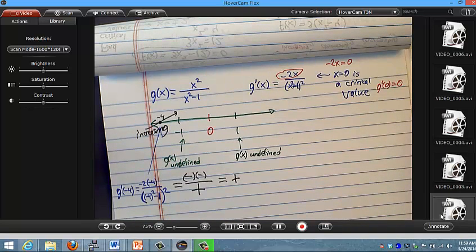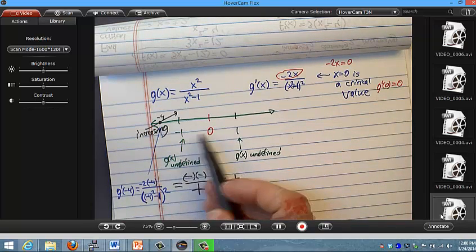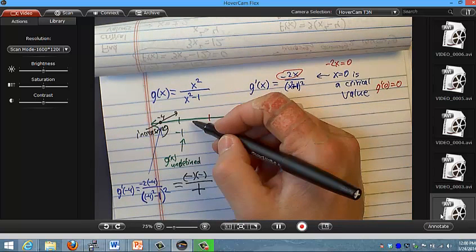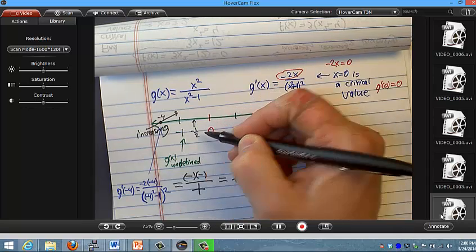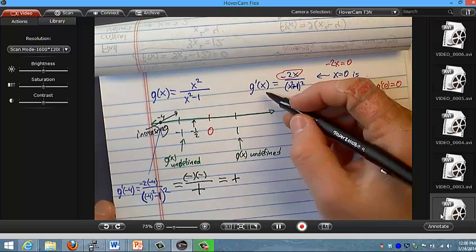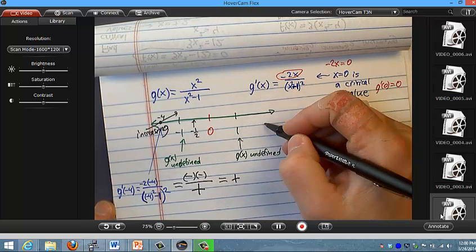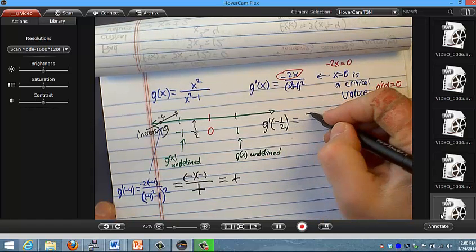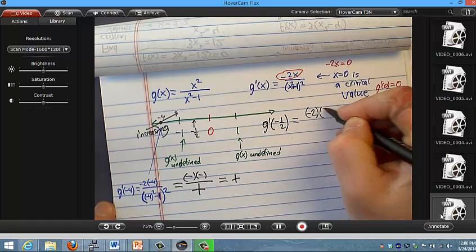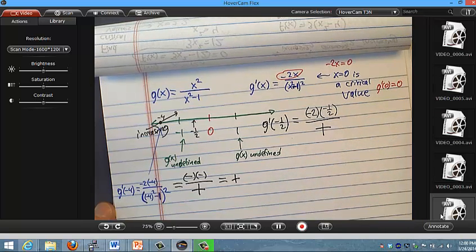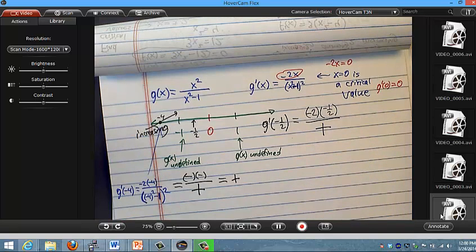Do you guys understand? I need a value between negative 1 and 0 now. Well, I guess, negative a half. And again, I'm going to try G prime of x. So let me work it out over here. G prime of negative 1 half would be negative 2 times negative 1 half over, how about I just say over positive, right? It's going to be positive there.